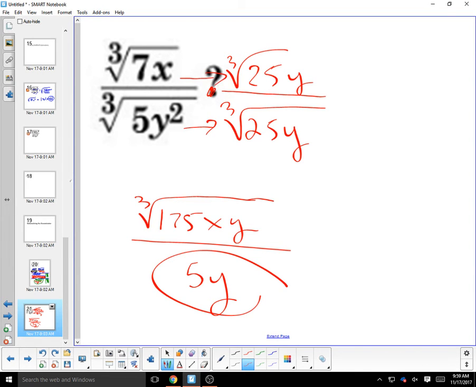This times that gives me the top. No, he's saying before you did the bottom part, when you first put the 25y in the bottom, why didn't you do the same thing to the top one? That's the golden rule. Whatever you do to the bottom, you got to do to the top. It's like if you take something from one side, you got to take it from the other side. Same idea here.